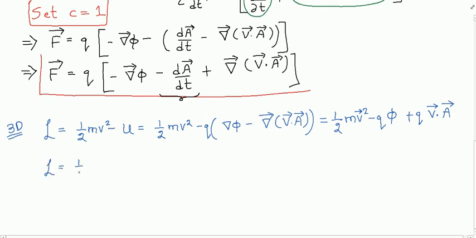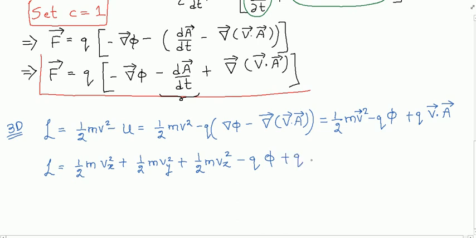In terms of components, you have to write it as vx square, because v square was the vector, right? So you'll have vy square, and then vz square, minus q phi as it is, and then plus q.